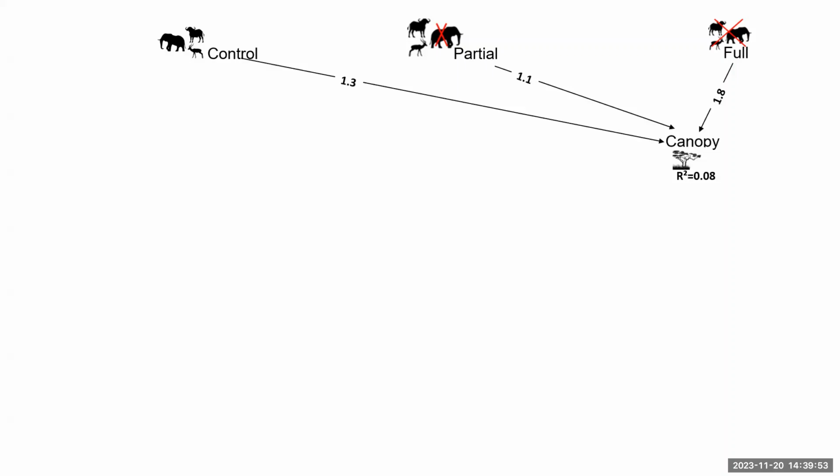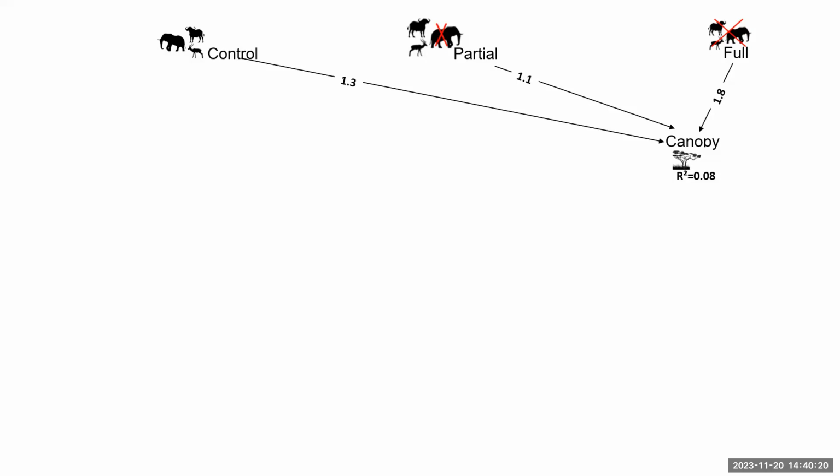Before I start, I should mention that in this figure, the black arrows indicate positive associations. The red arrows indicate negative associations, okay? We did not show associations that were not significant. So all associations here are significant.